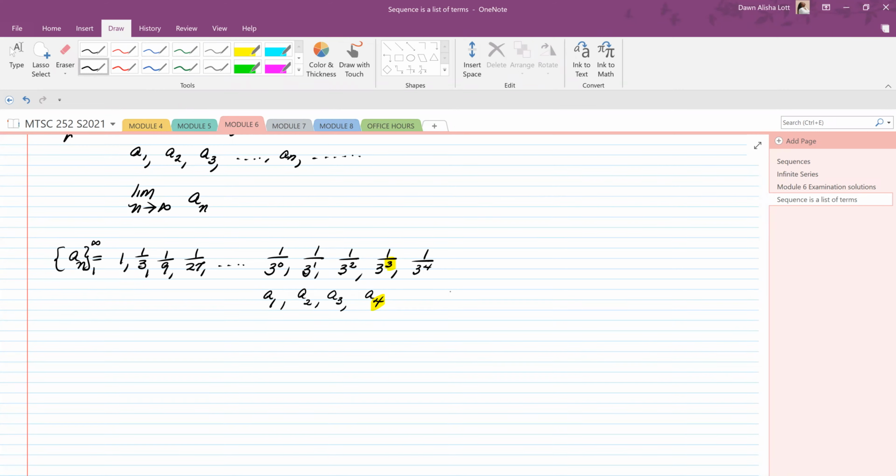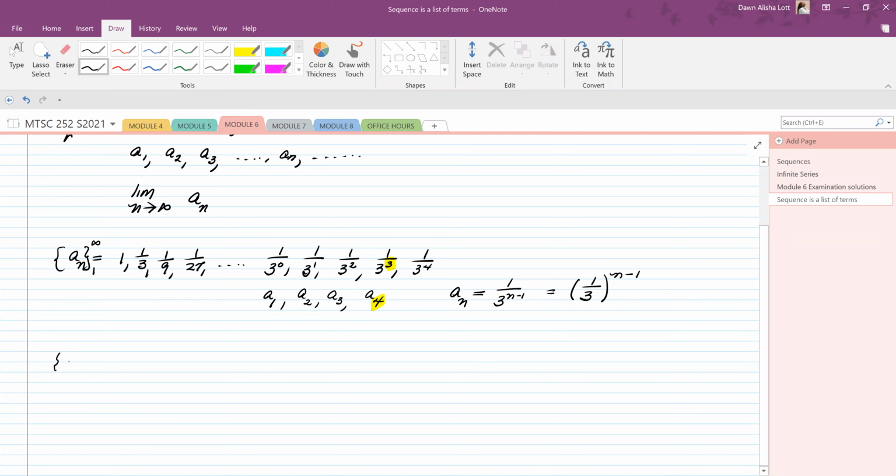So it looks to me like the nth term is going to be 1 over 3 to the n minus 1, which we can write as (1/3) to the n minus 1. Now, some of you tried to sum this. There's no sum. It's just a sequence, just a list of terms.